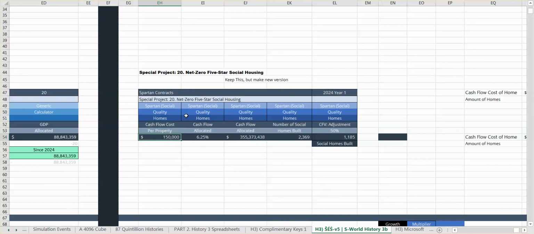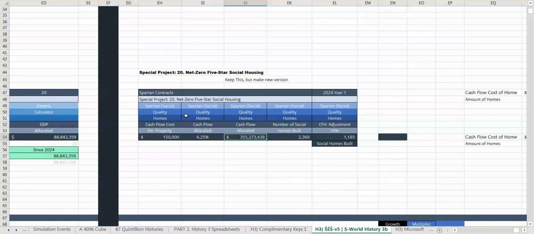Okay, so cost of building the home, the bricks, the mortar, the labour, $150,000 per home. That's for the build. And as we can see, as I said earlier, 6.25% of all cash flow is spent on that industry, which equals, in 2024, 355 billion, looks like.